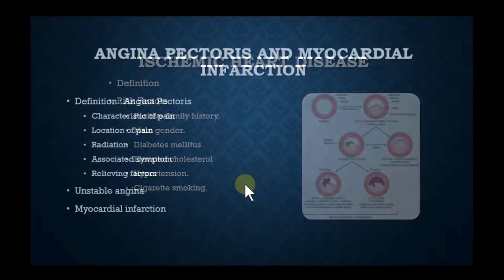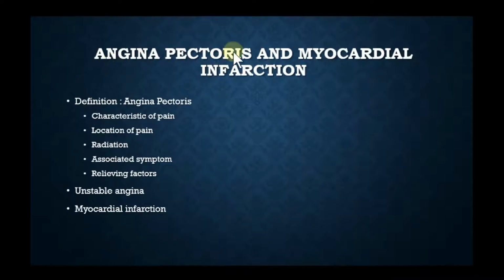Ischemic heart disease can be either in the form of angina pectoris or, as we said, the more severe myocardial infarction. Angina pectoris is the sensation of ischemic heart disease. It has the signs and symptoms of ischemic heart disease. The patients might feel a sensation of choking, squeezing, and tight feeling within the substernal region.